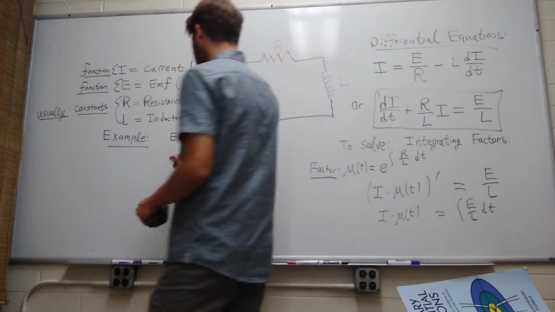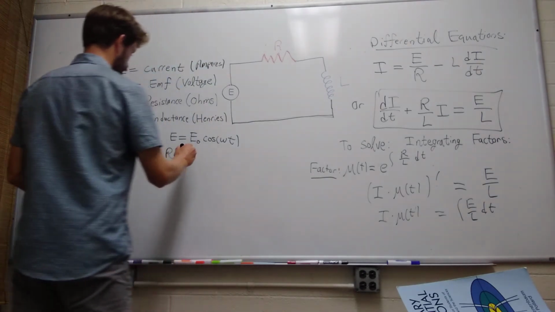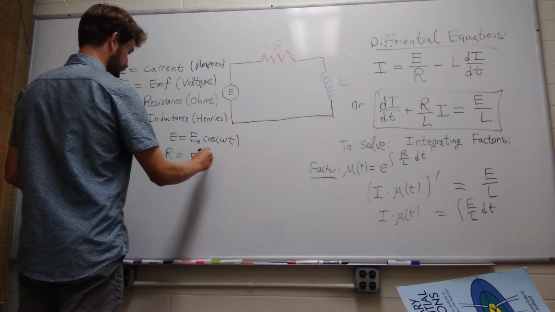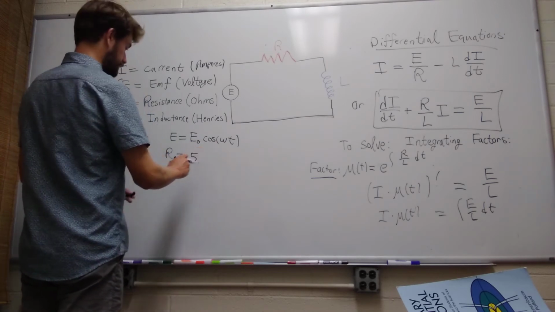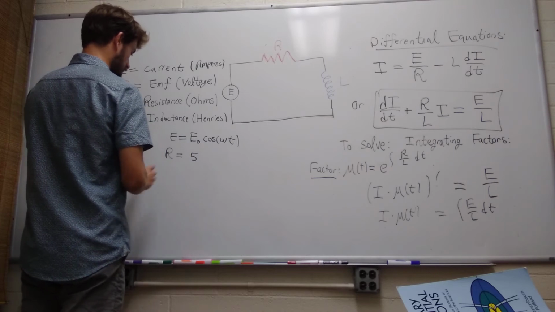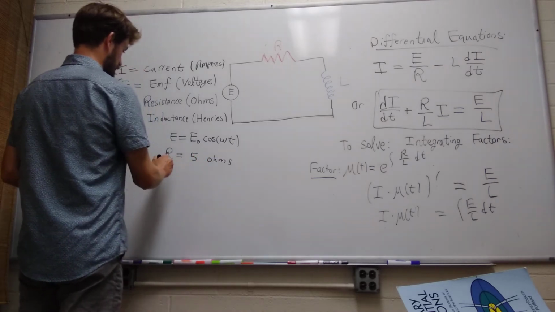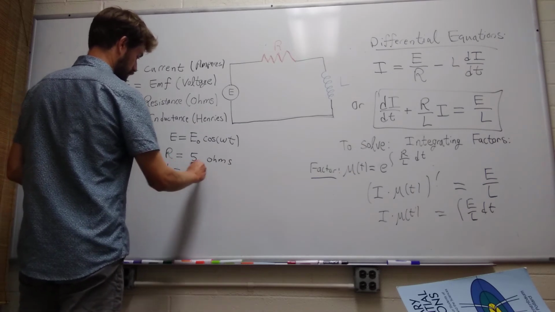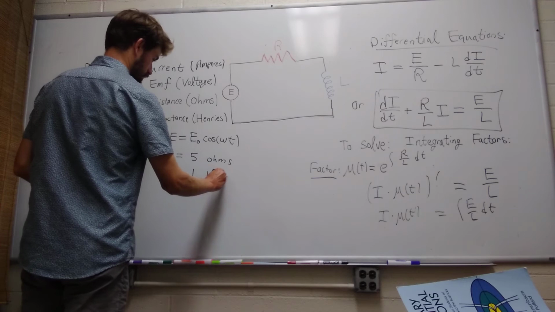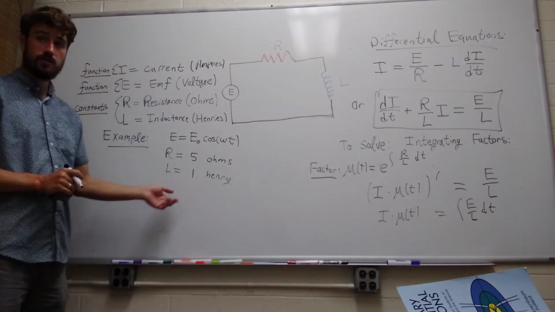And let's just say R is 5 ohms, L is 1 Henry.